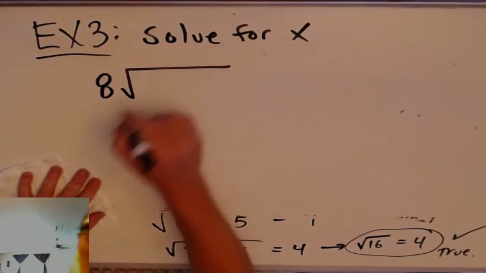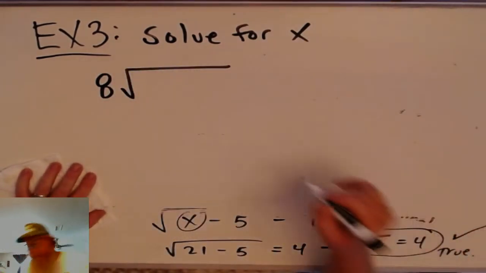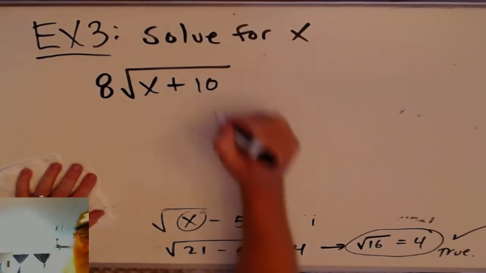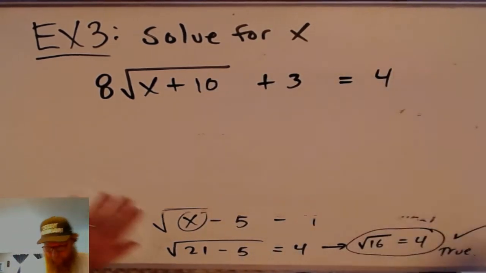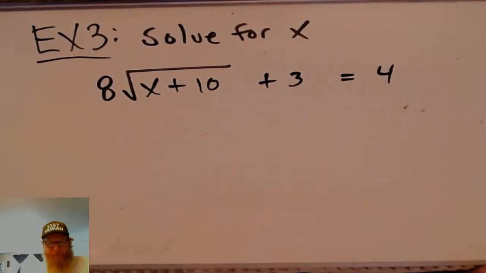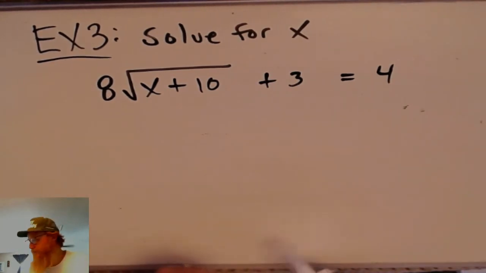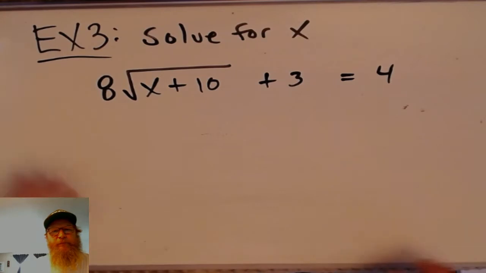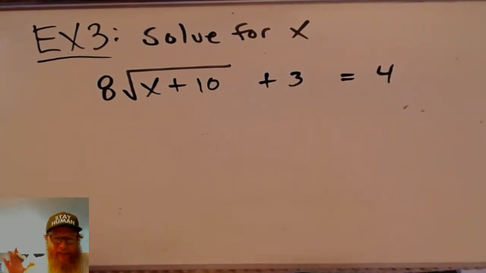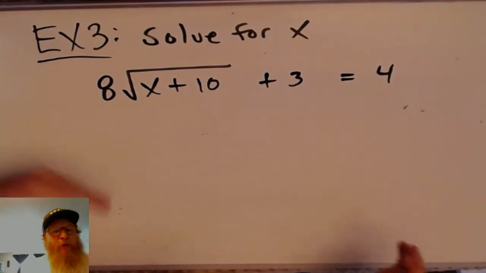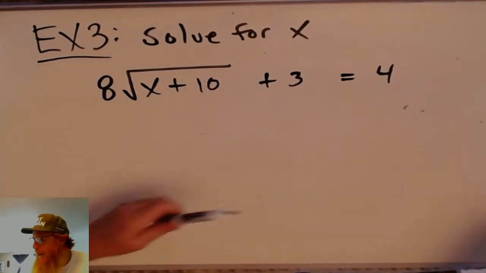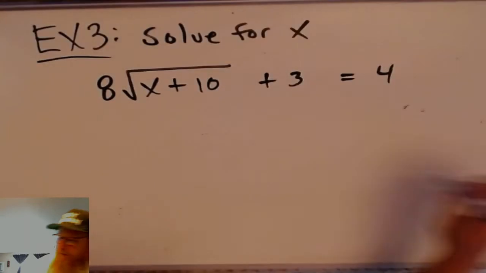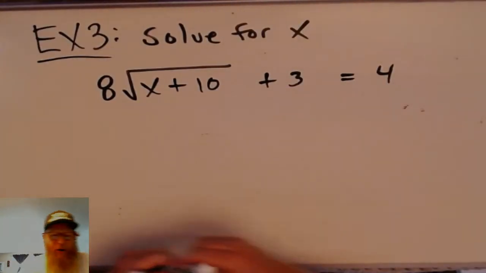All right, so let's keep on rolling. So we got 8 times the square root of x plus 10, plus 3, is equal to 4. Now, this is the exception. Pretty much from here on out, starting with example 3, you must first isolate the square root before you square both sides.